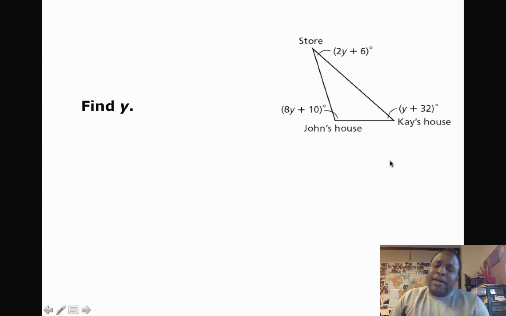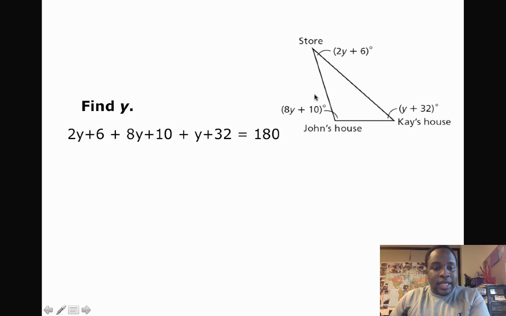So don't worry about the context of this problem because I think the context is quite cuckoo because who finds the angles between people's houses in a store? But just know that these are the expressions of the angles. And so we know that these angles added up are going to equal 180 degrees.